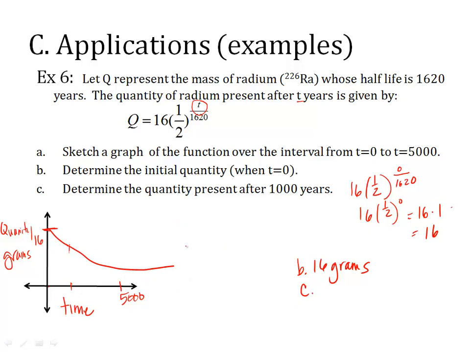So I would type it into my calculator. I would say 16 times 1/2 raised to, this is where you'd use another set of parentheses, 1,000 over 1620. Let the calculator do the thinking for you. Let me show you.